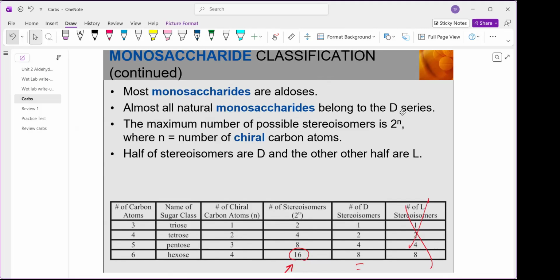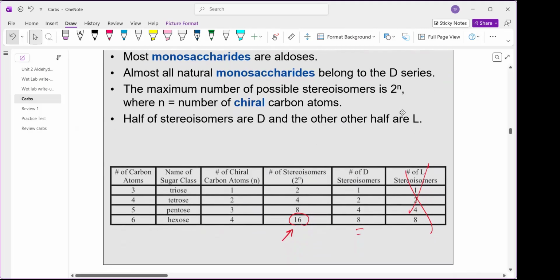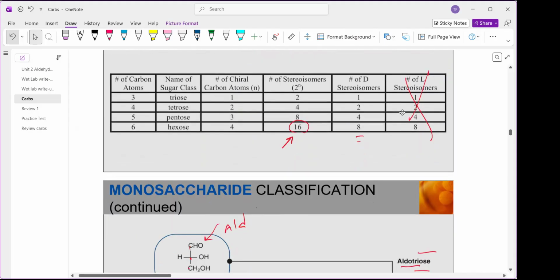There are quite a few structural isomers of 6-carbon sugars. Quite a few. We're only going to learn a few of them.